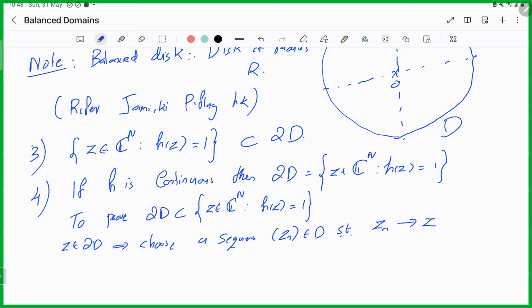By property 2, h of Zn is less than 1, and h of Zn converges to h of Z by continuity of h. Here we are using continuity of h.